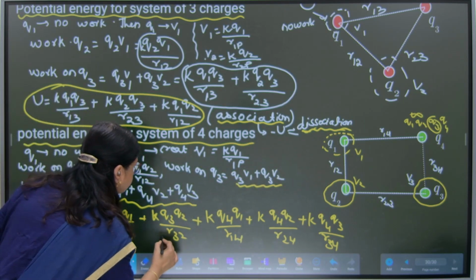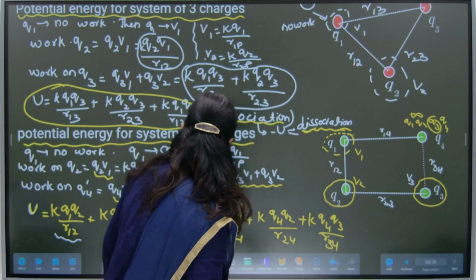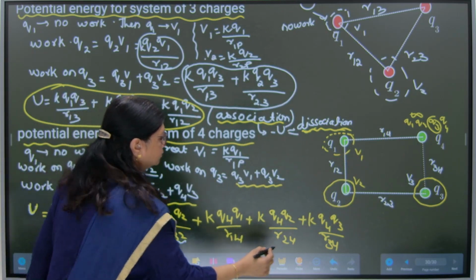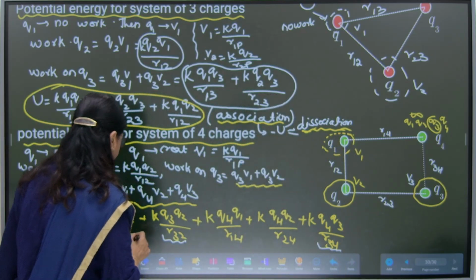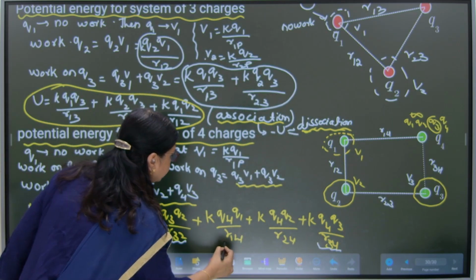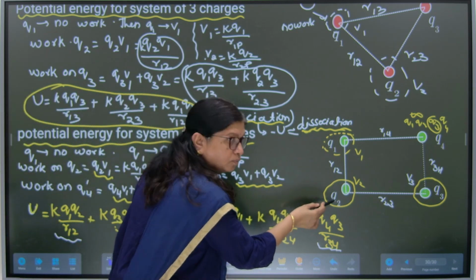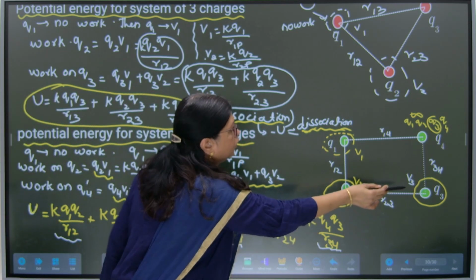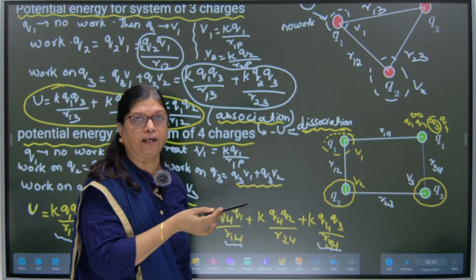Where is 2, 3? Ready. 3, 4. Where is 3, 4? Ready. 1, 4. Where is 1, 4? Ready. Okay. So you have gone to Q1 Q2, Q2 Q3, Q3 Q4, Q4 Q1.